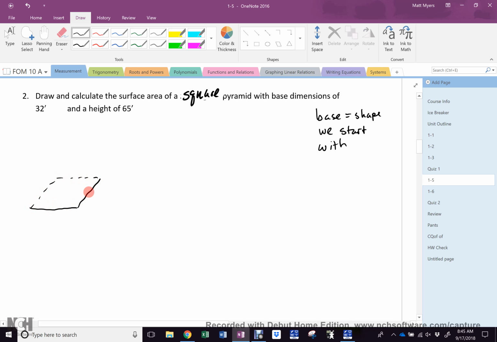What do I know about these two sides? They're equal. And how big are they according to the question? 32. Everyone agree? Okay. And then a pyramid is made of 4 triangles, yes? So there's 1 triangle, 2 triangles, and in the back here, there would be 2 more triangles.